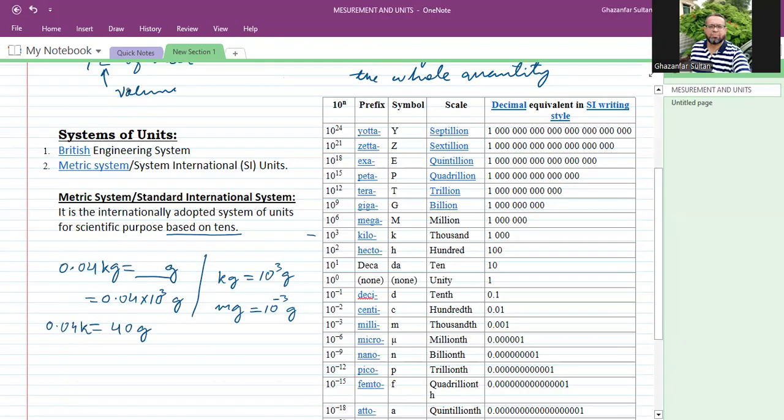So it is an easy method to convert larger unit to the smaller unit or a smaller unit to the larger unit.